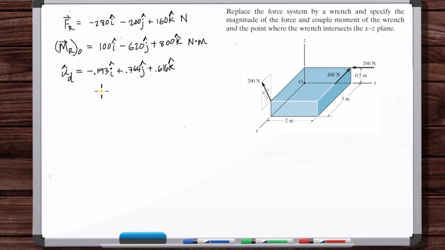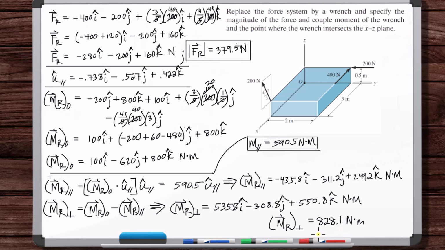Okay, now, what distance do we need to move the force vector in this direction to get rid of the perpendicular couple moment? Well, it's just D times the force magnitude. That distance times the force magnitude is going to be equal to this magnitude, right? 379.5 times D is equal to 828.1.